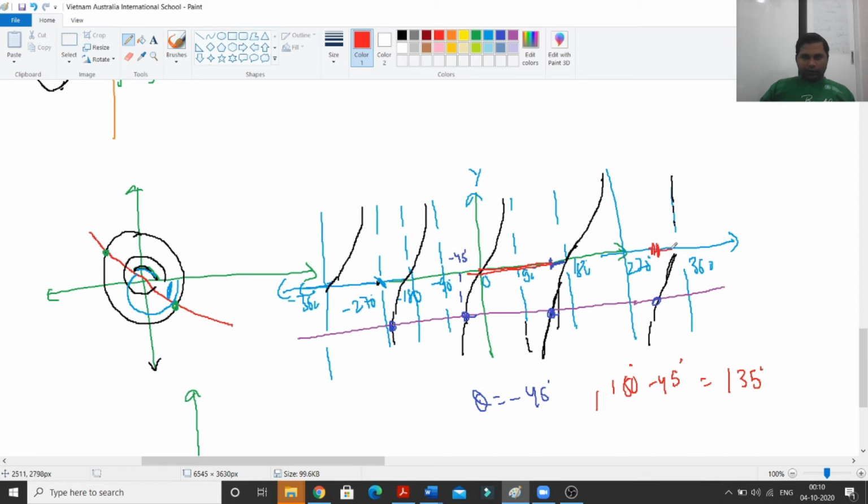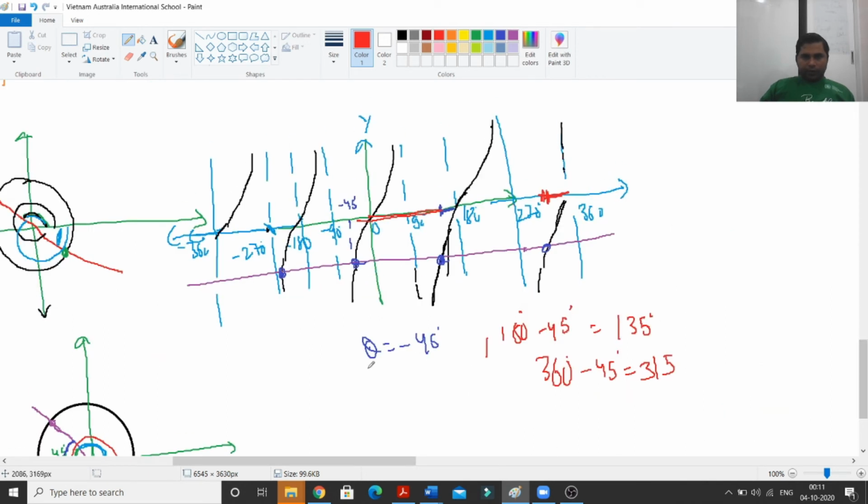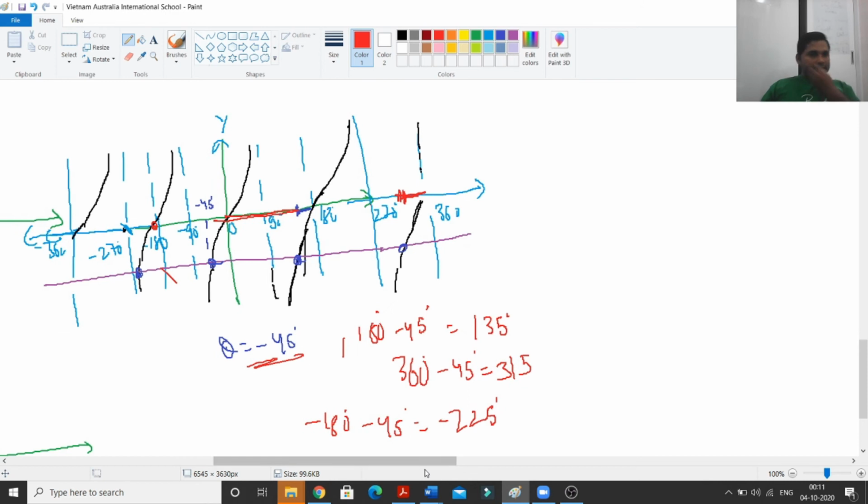It has to be 45 as well from 360. So the total will be 360 minus 45, which is 315. If this is minus 45, this will be minus 180 minus 45, which is equal to minus 225. So we can get the answers like that as well.